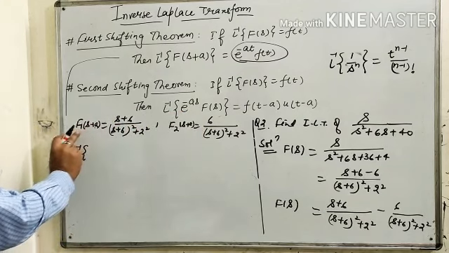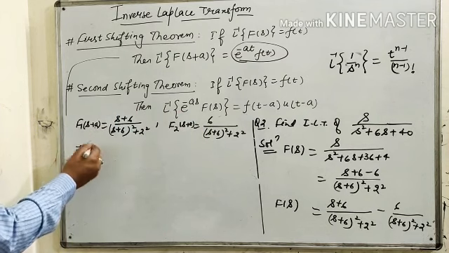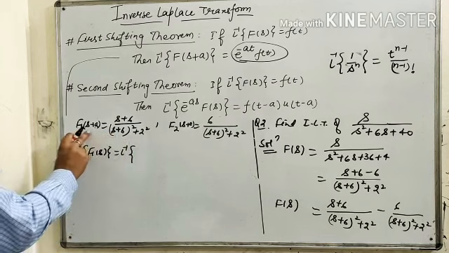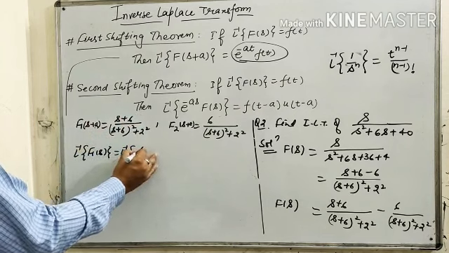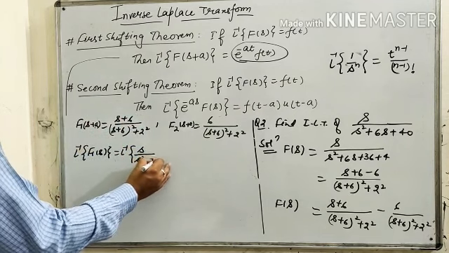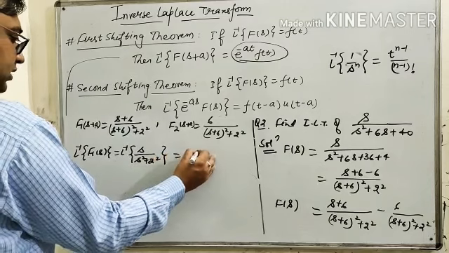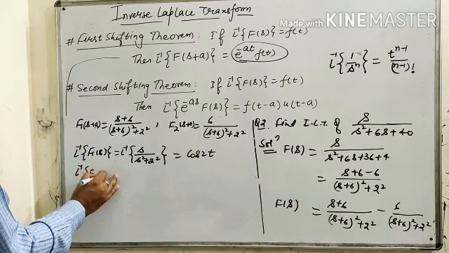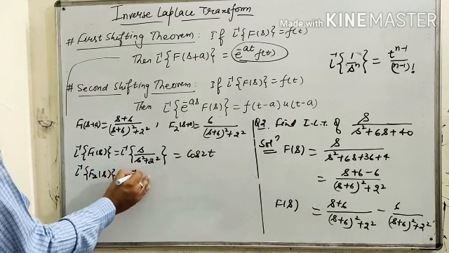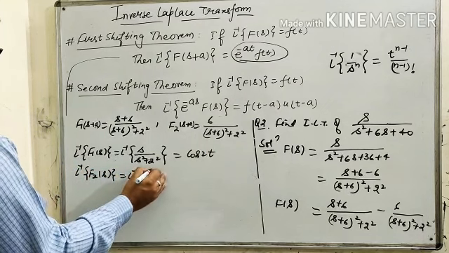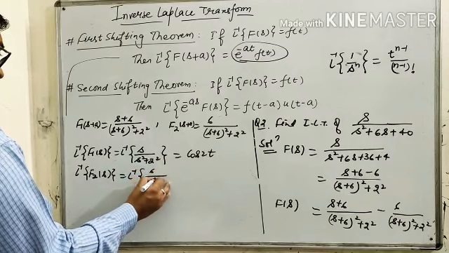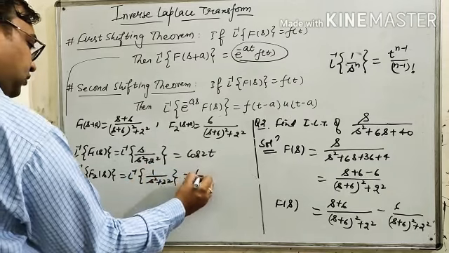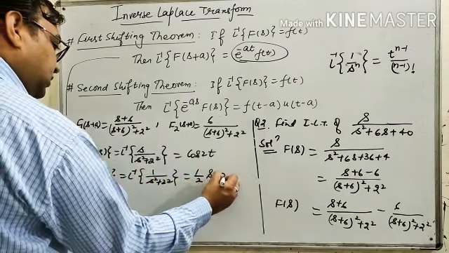So inverse Laplace of F1(s). What is F1(s)? If we remove 6, then we get F1(s), that is s upon s^2+2^2, and it is equal to cos 2t. Same as inverse Laplace of F2(s), which is equal to inverse Laplace of 6 upon s^2+2^2, or 6 times 1 upon s^2+2^2, which is equal to 6 times 1 upon 2 sin 2t.